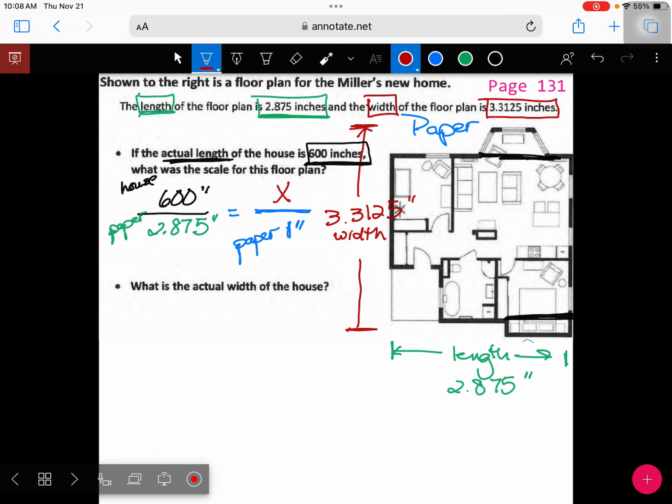Proportion. Yeah, this is a proportion. How would I solve for x here? You guys have had this before.